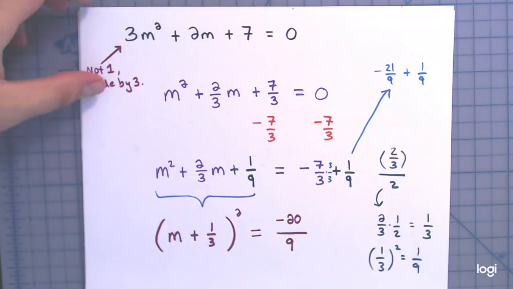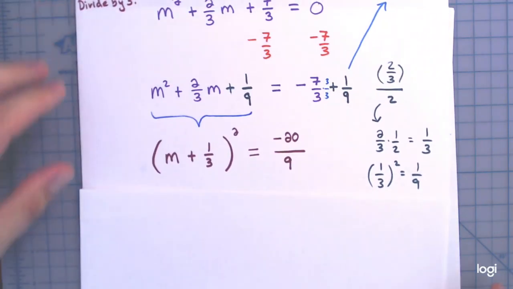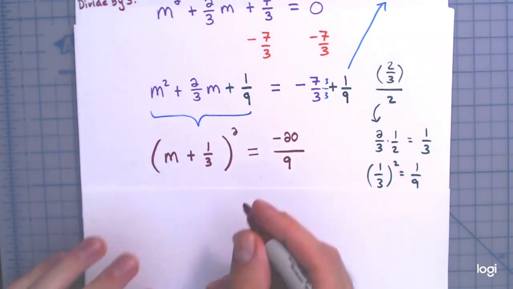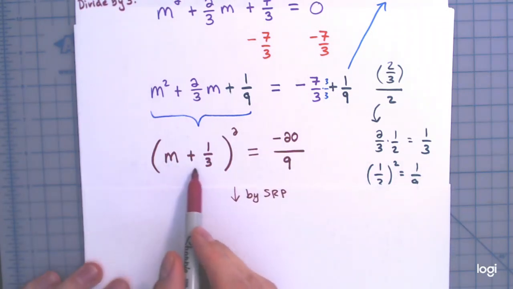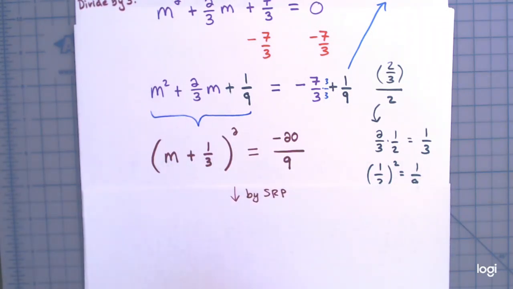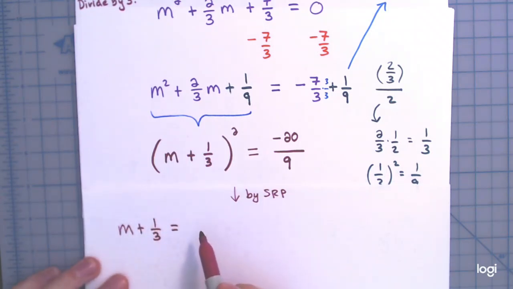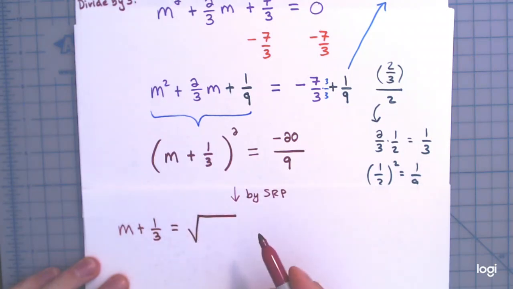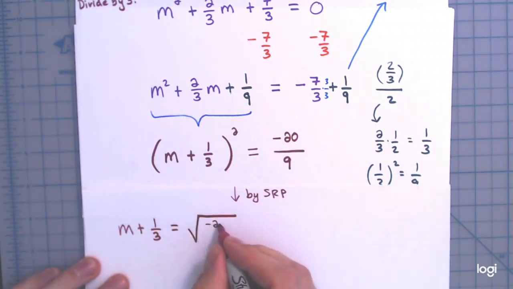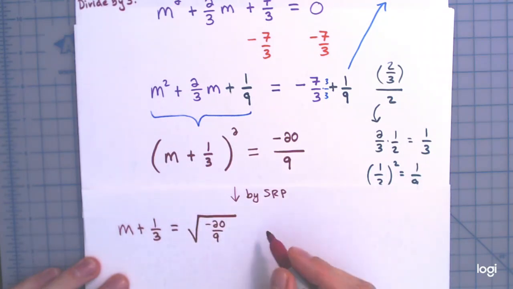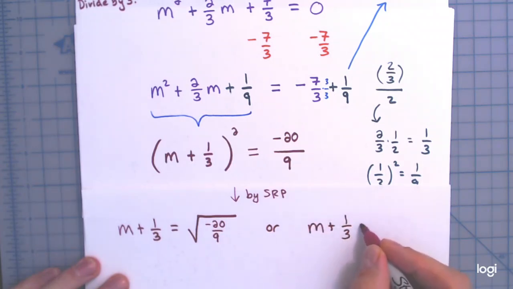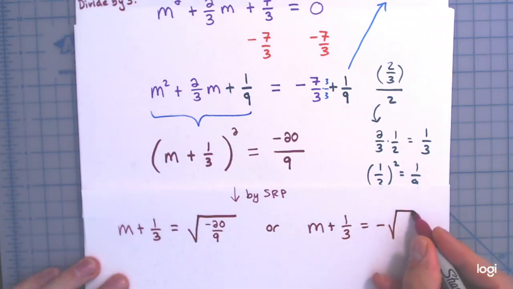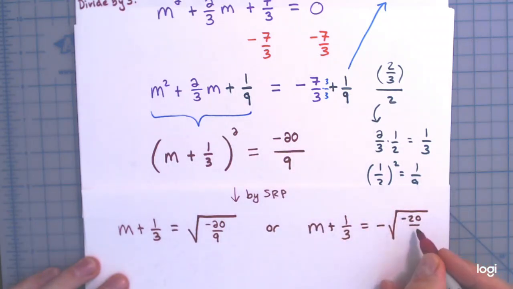Okay, so by that square root property, SRP, this base, this m plus 1/3, could be equal to the principal square root, or the non-negative or positive square root of this number, negative 20/9, or the base m plus 1/3 could be equal to the negative square root of this negative 20/9.